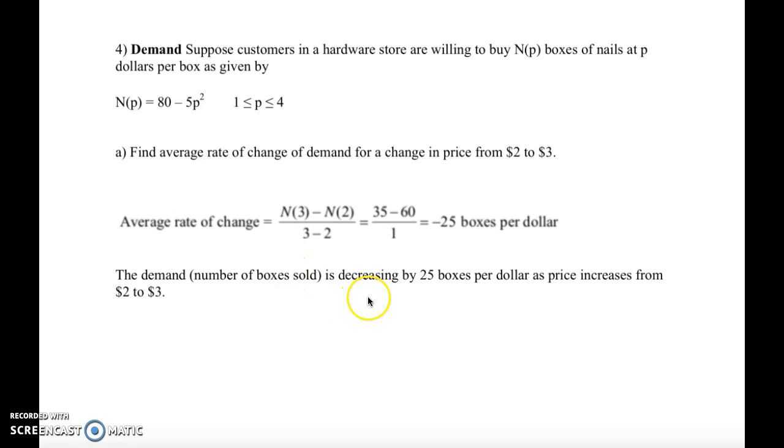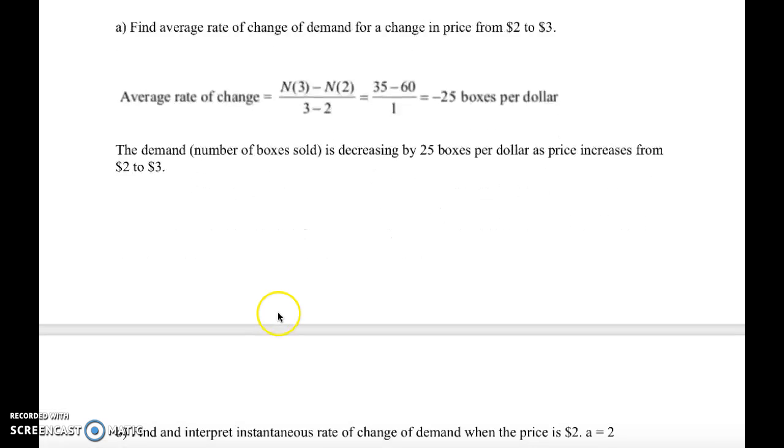So the demand is decreasing, because our value was negative, by 25 boxes per dollar as price increases from $2 to $3. You want to specify the increase of price in this case. Yes, the value ended up being per dollar, but you want to specify which dollars it's changing from, because 1 to 2 could be different than 2 to 3.